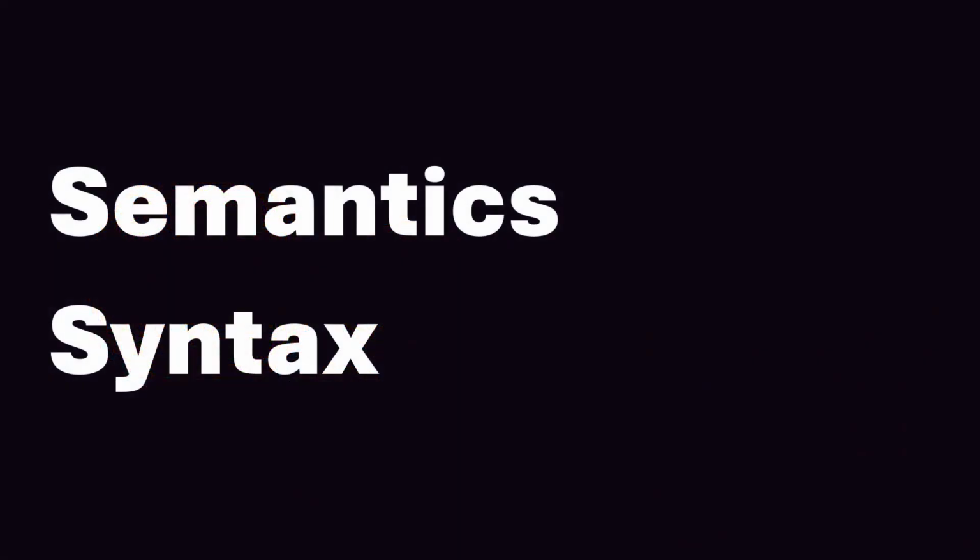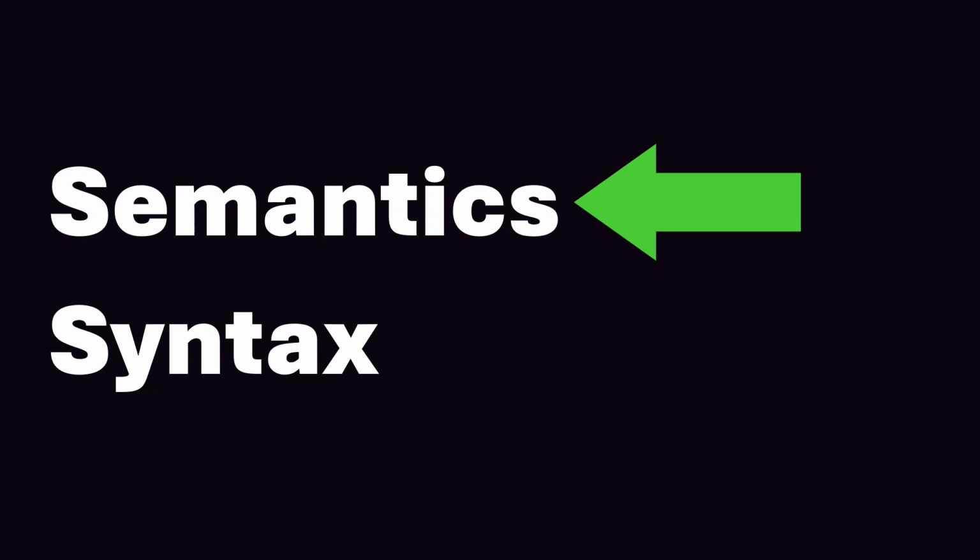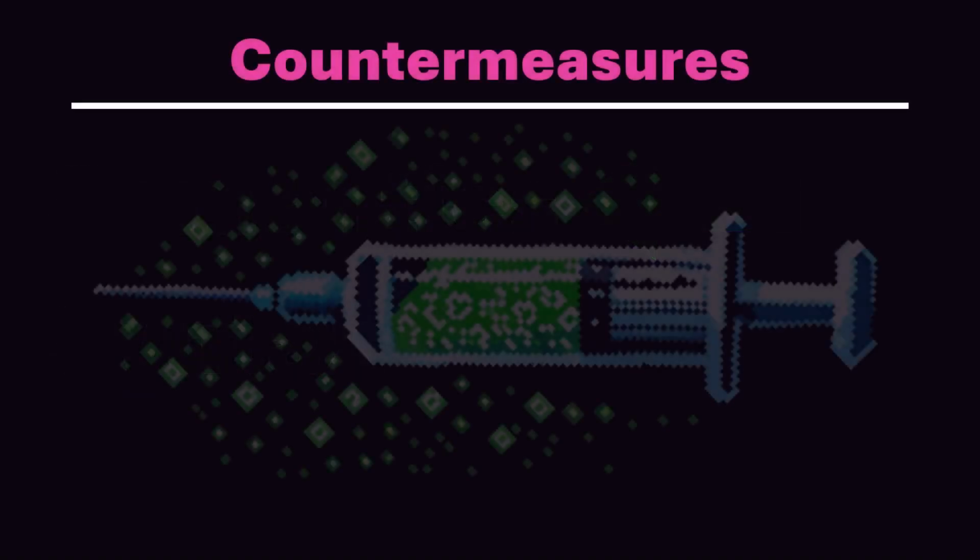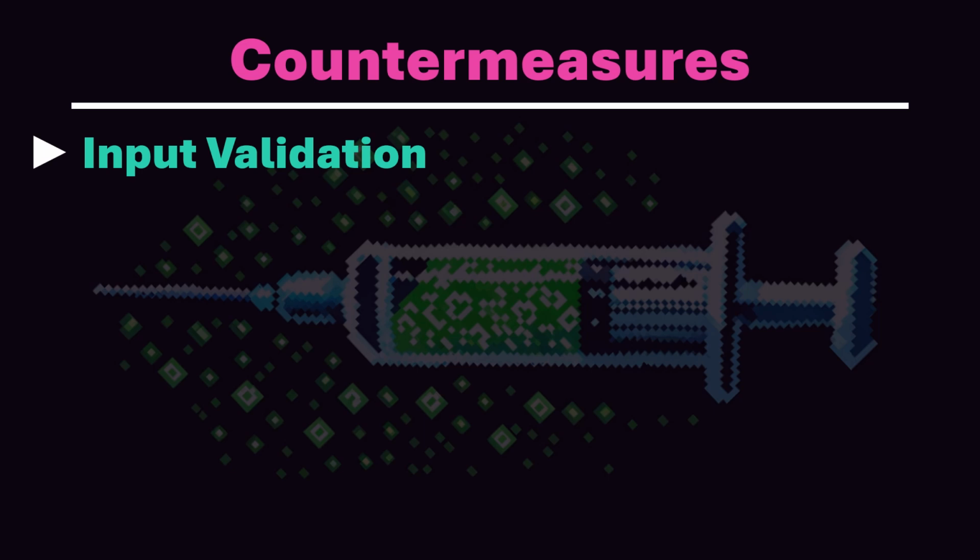Well, the bad news is that this type of attack operates on a semantic level. Traditional hacking attacks usually operate on a syntactic level, as is the case with cross-site scripting and SQL injection. However, there are several countermeasures developers can consider to address this issue. Input validation.